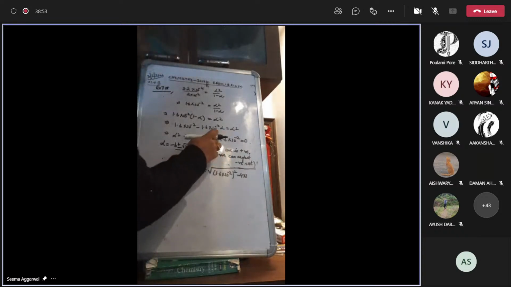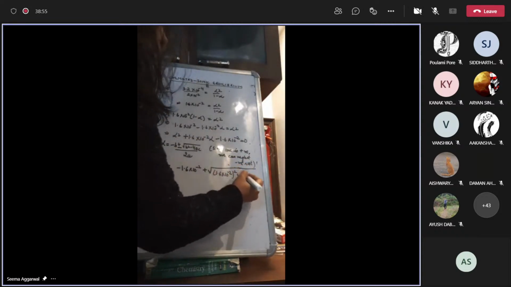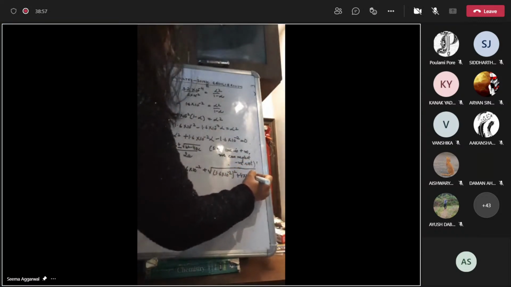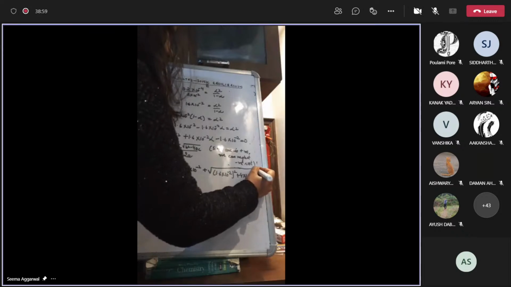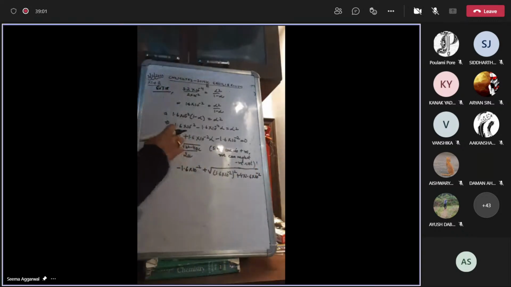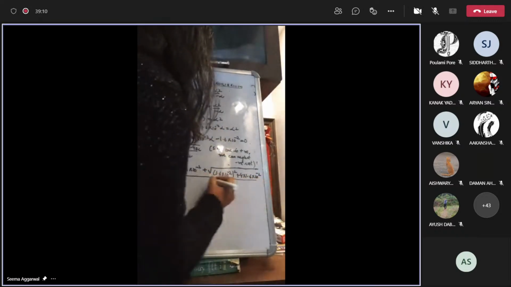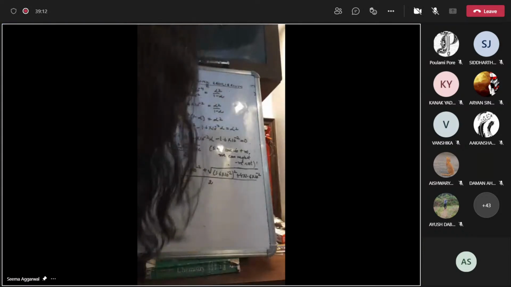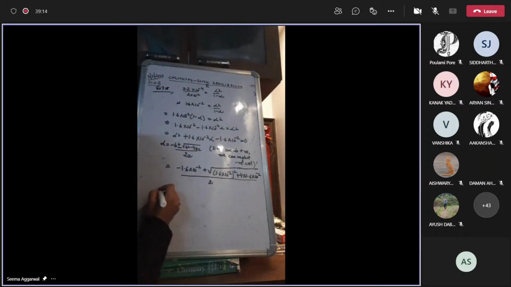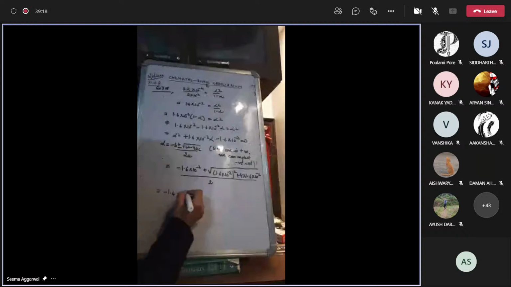C is again negative, so minus minus becomes plus. 4 into 1, the value of a is 1, and c is negative, so it will come out positive, upon 2 because a is equal to 2.